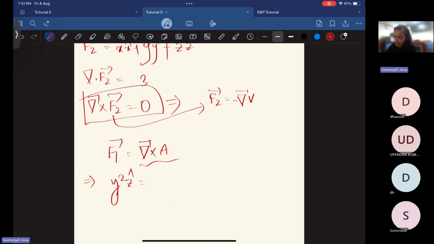And curl of A we can find out using the total expression.